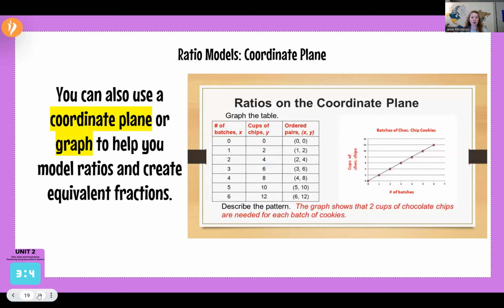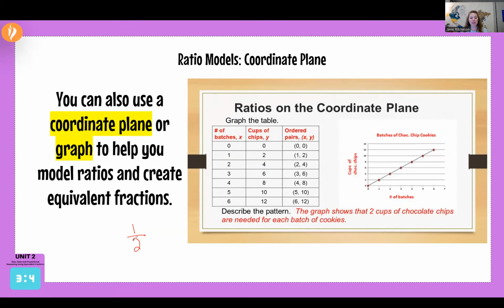You can also use a coordinate plane, or you can graph. So if our ratio of number of batches of cookies to cups of chips is 1 to 2, so we have batches to cups of chocolate chips.